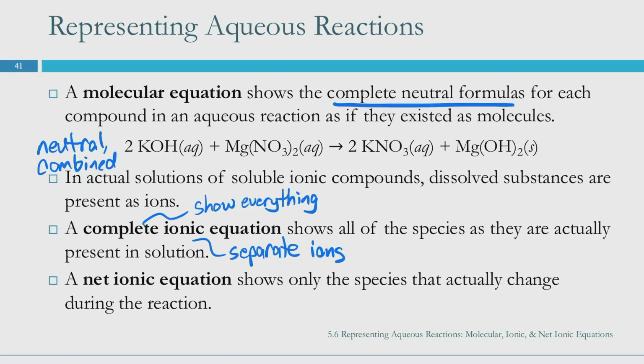And then the reason that we do this at all, the net ionic equation. So net means only the important stuff, or remove some stuff. Remove stuff that doesn't react is the stuff that we're removing.